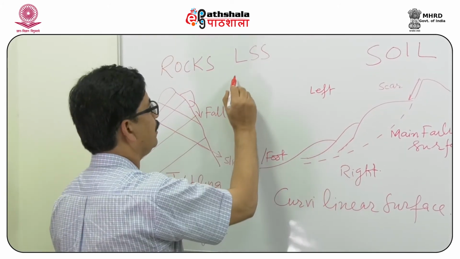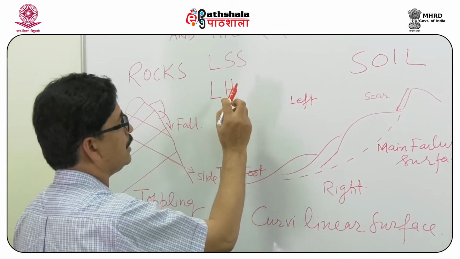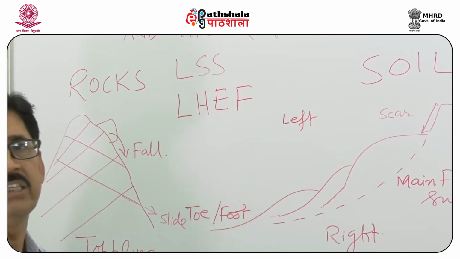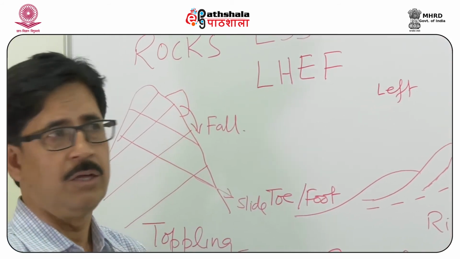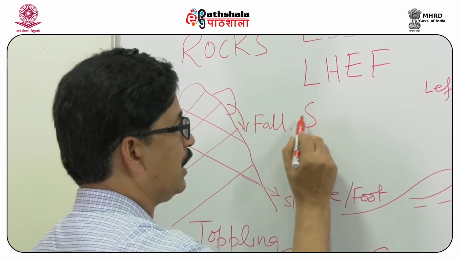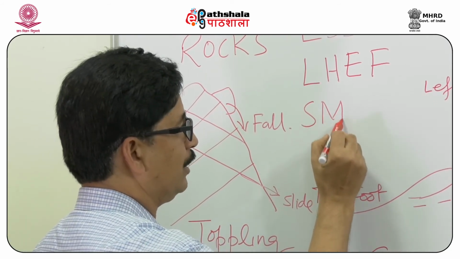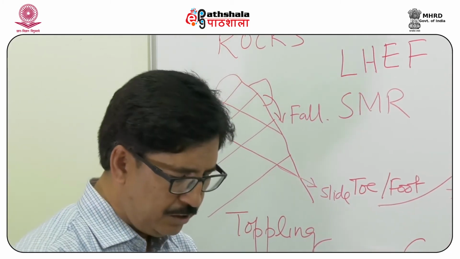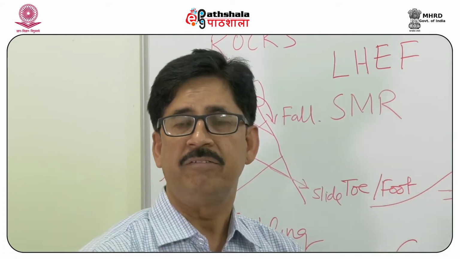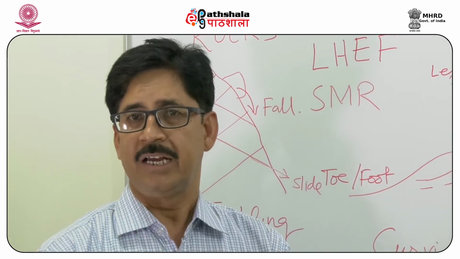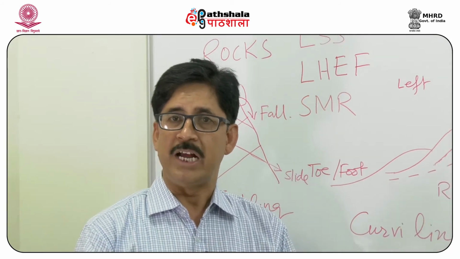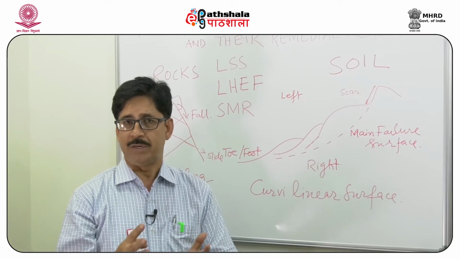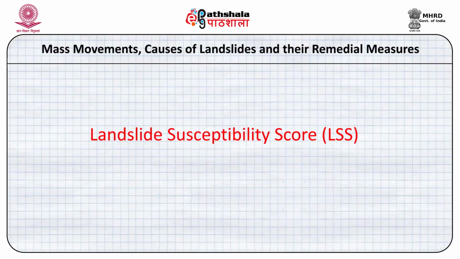We have another method given by the Bureau of Indian Standards, which is the landslide hazard evaluation factor. We have another, international method called slope mass rating. These methods have identified different parameters, given values to them, and summed up those parameters to find these scores.